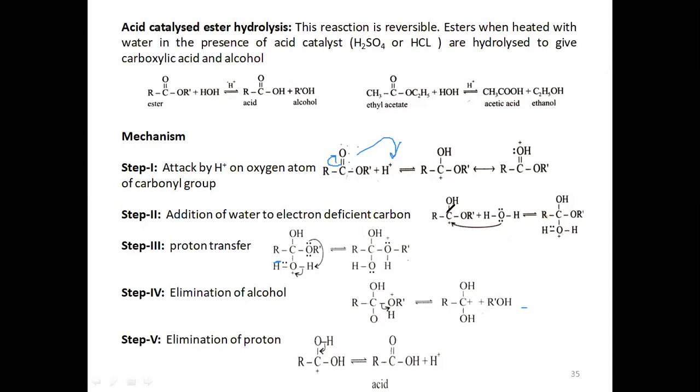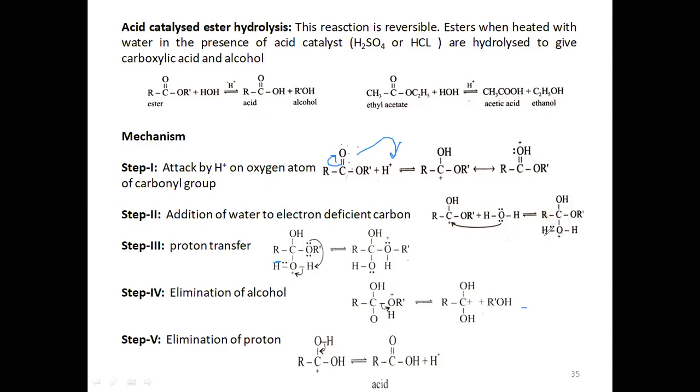So where is the electrophilic site? This carbon. The electrophilic site is created in the first step. So by donating a pair of electrons, by involving this lone pair of electrons, it will form a new bond with this carbon. Since oxygen is giving electrons, it will get a positive charge here. A new bond is formed between the C and the oxygen of water.